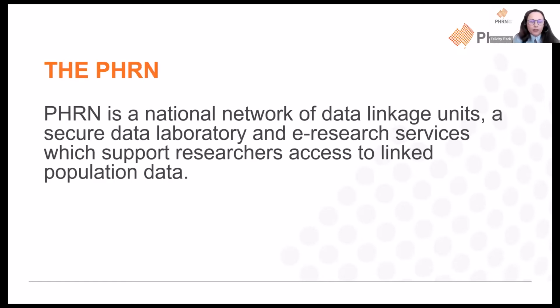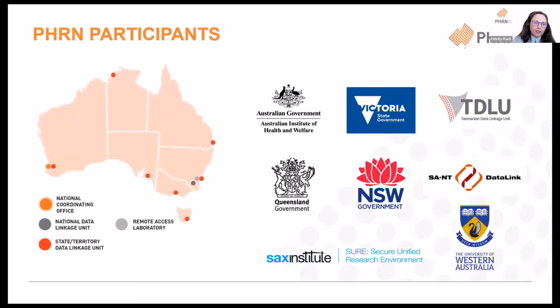So now I thought I'd tell you a little bit more about the PHRN. We're a national network of these specialist data linkage units, as well as some other services, such as we fund secure data laboratories and some other e-research services that support researchers to access linked population data across Australia. Here you can see a little map.